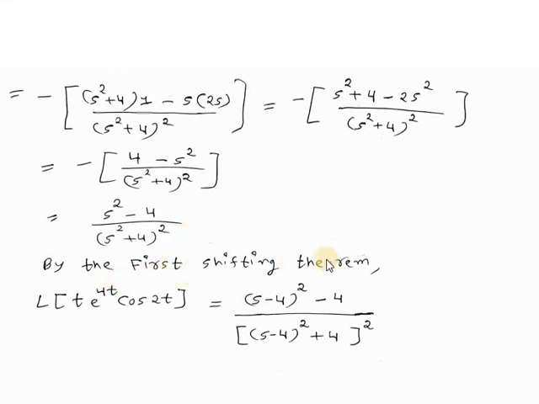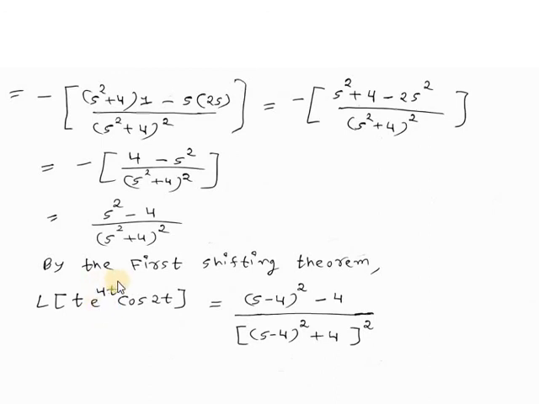Now by the first shifting theorem, Laplace transform of t into e raised to 4t into cos 2t is equal to s minus 4 whole square minus 4 divided by s minus 4 whole square plus 4 whole square. So here we have replaced s by s minus 4 because this term is e raised to 4t.